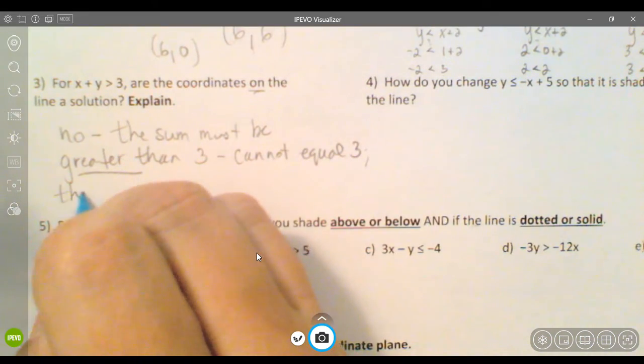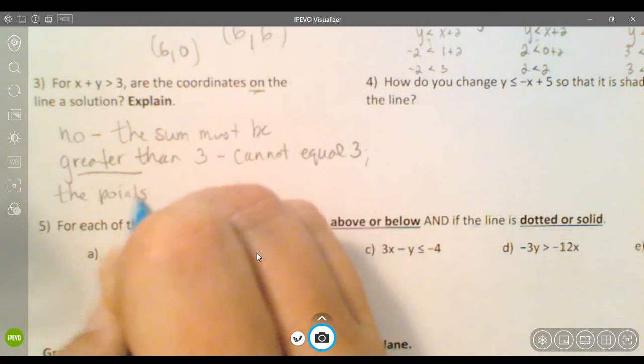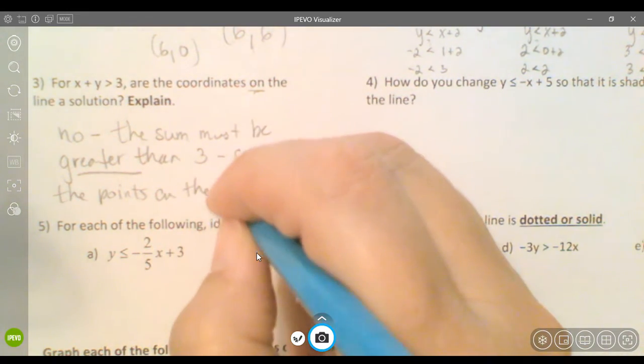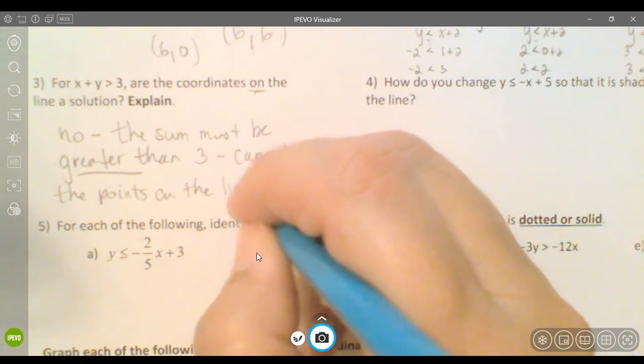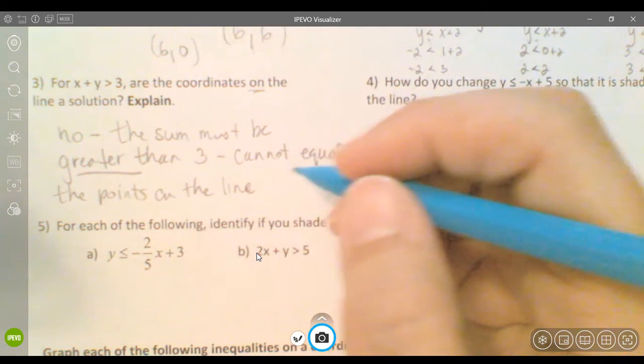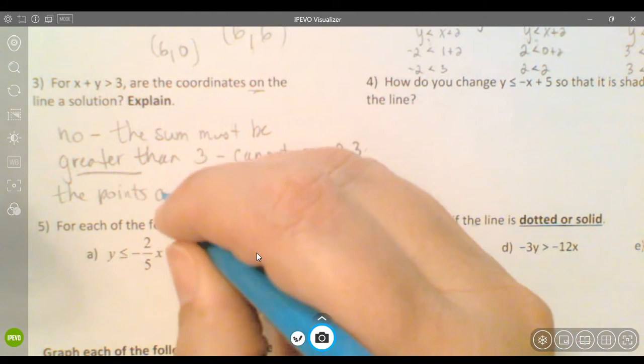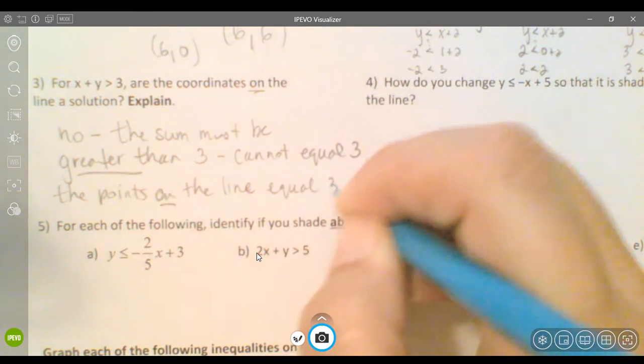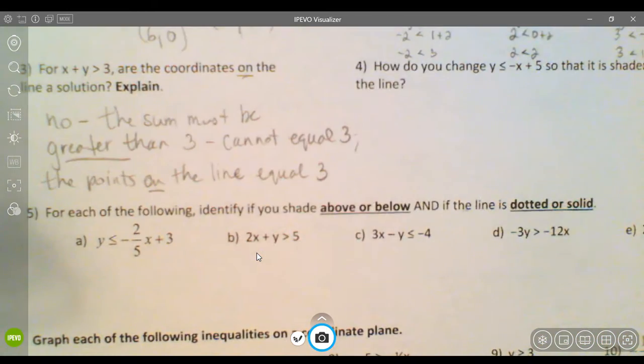The points on the line equal 3. You know when someone says like 5 o'clock on the dot, that means exact. They're right on it. The points on the line equal 3. So that's a no for me, dog. Okay, so that's how that works.